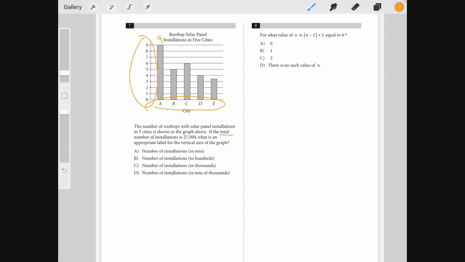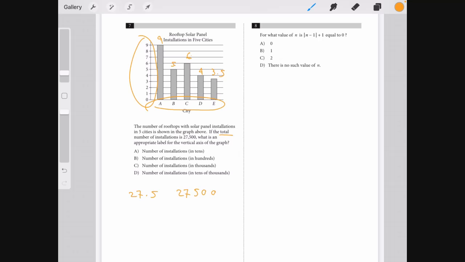A is 9, B is 5, C is 6, D is 4, and E is 3.5. So adding all of them together, 9 plus 5 is 14, 14 plus 6 is 20, 20 plus 4 is 24, 24 plus 3.5 is 27.5. So we add them up and it becomes 27.5, but it needs to be 27,500.